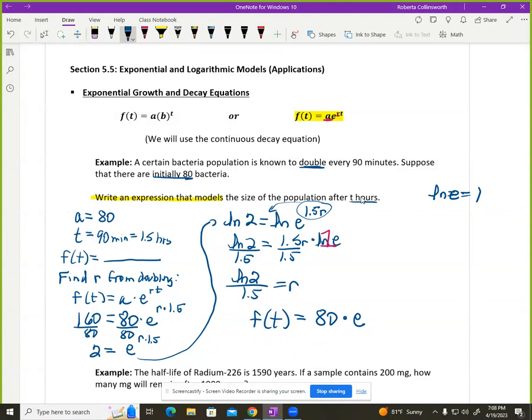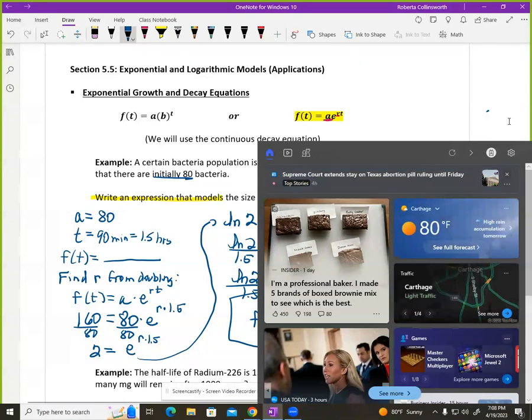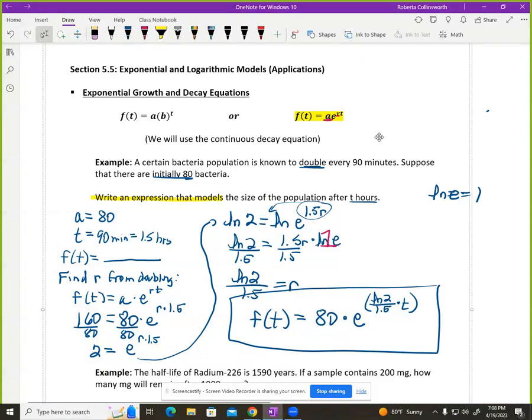This is R. Times T power. And this is our formula. So if I wanted to know how much bacteria was in there after 5 hours, then I would plug in a 5 here, and it would tell me what it grew to.